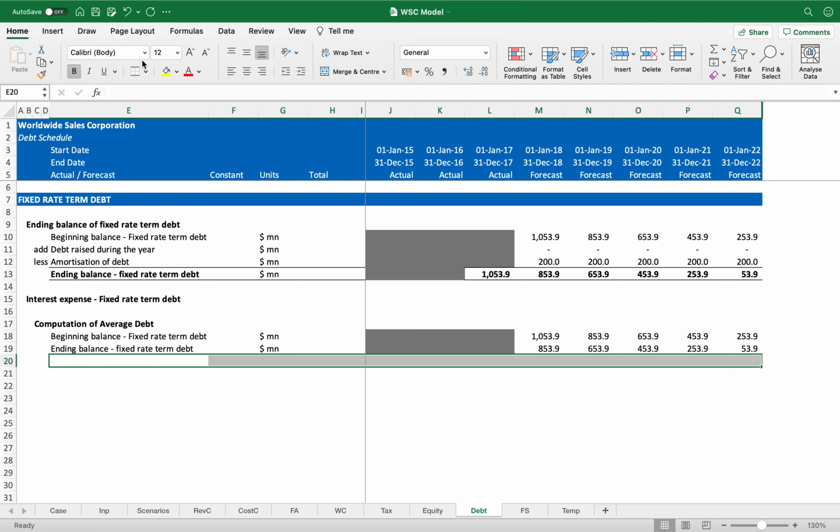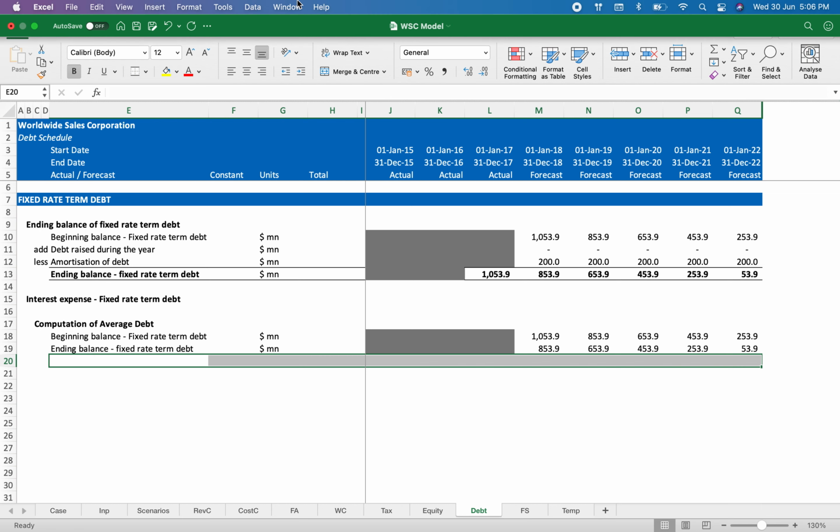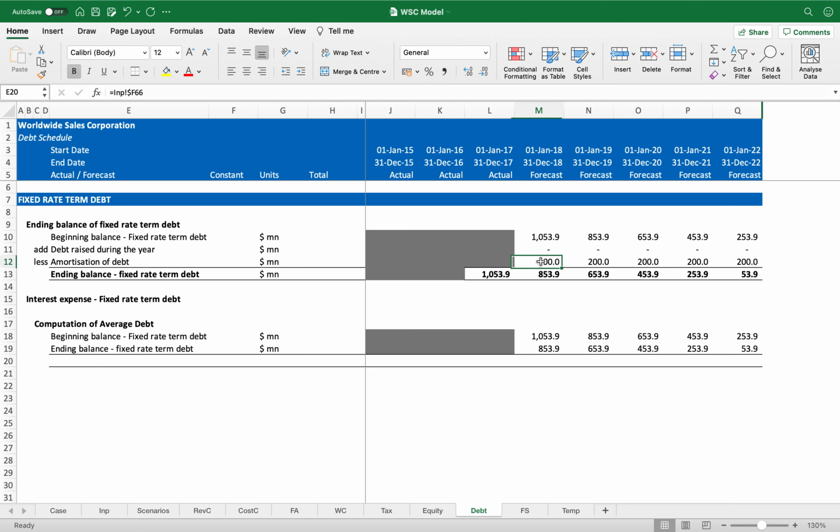Why average? Because we've been discussing this earlier as well, that your interest is always charged on an average debt balance. Why average? Because I have to factor in these movements also. If I bring in something during the year, if I repay something during the year, I don't want to go to the nitty-gritties of what dates I am taking the debt, what date I am repaying.